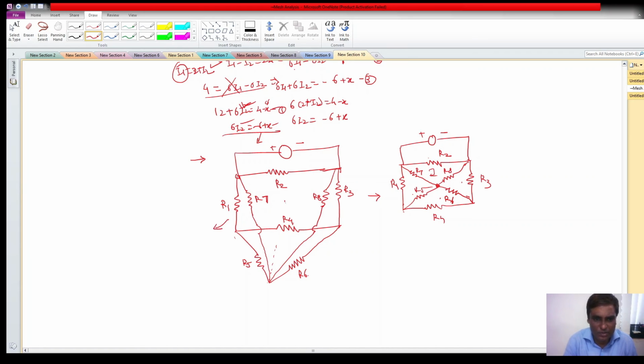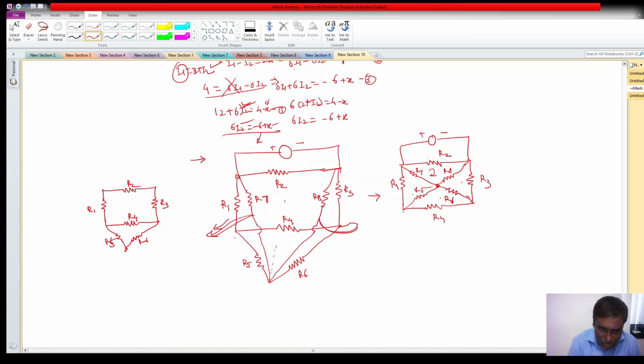But the other way, we can also make it planar like this. Previously say R1, R2, R3, R4, then I can keep R5 as it is, R6 like this, and then I will shift this here and this here, like this.